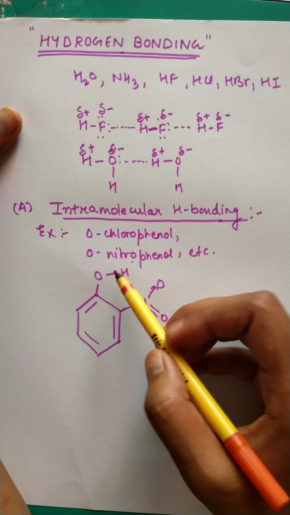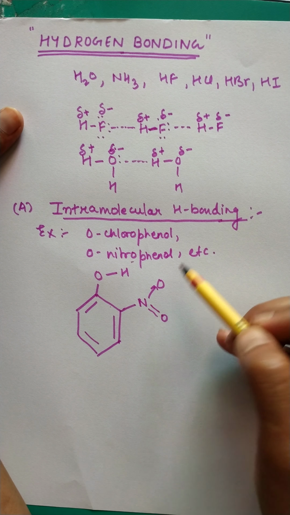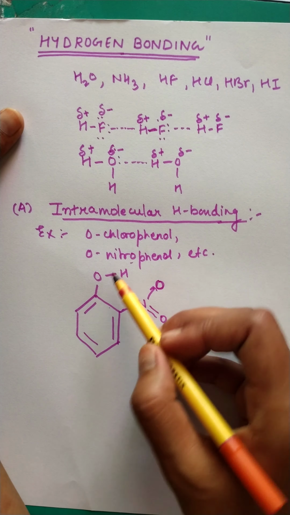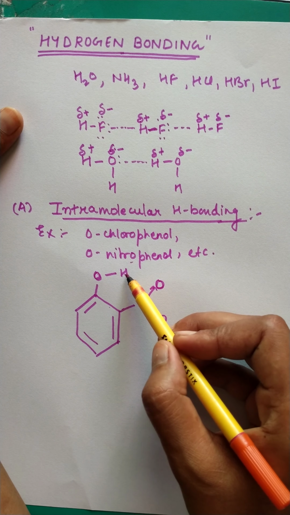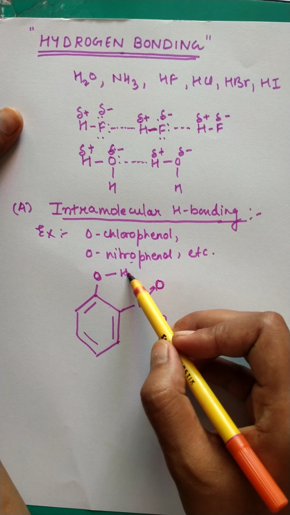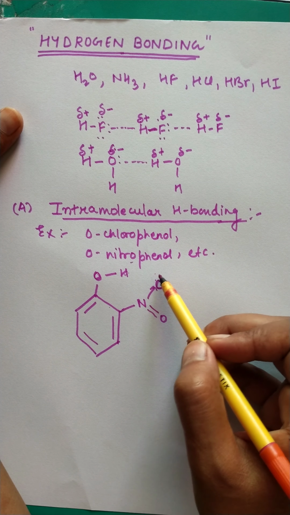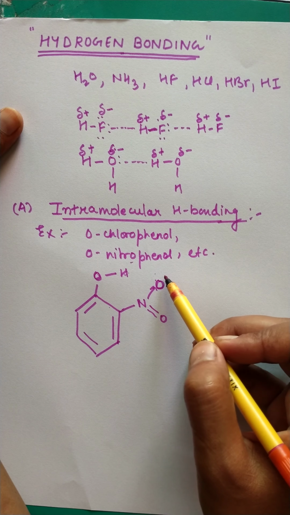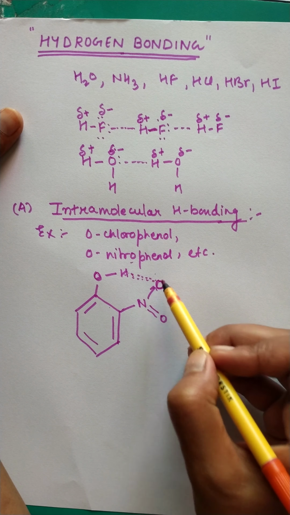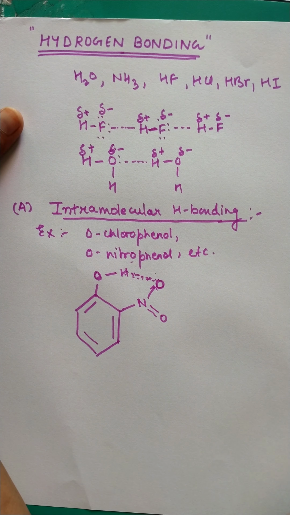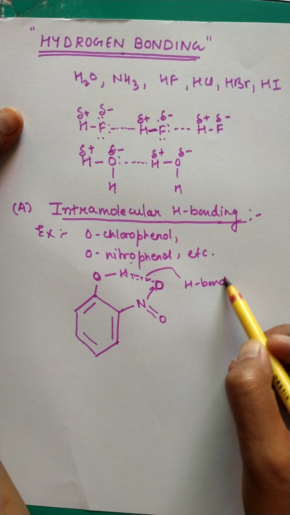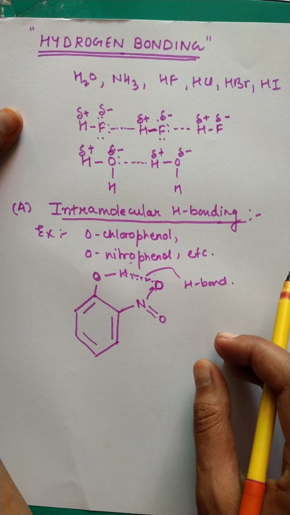Oxygen has more electronegativity compared to nitrogen. This hydrogen has a partial positive charge, and it is attracted by the electrons of the oxygen. So a partial bond is formed between the hydrogen and oxygen here, and this is called the hydrogen bond. This is intramolecular hydrogen bonding.